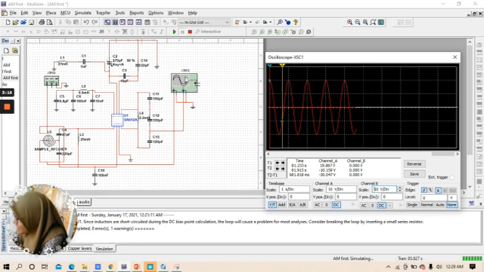So this is basically how the AM double balanced mixer and oscillator looks like.